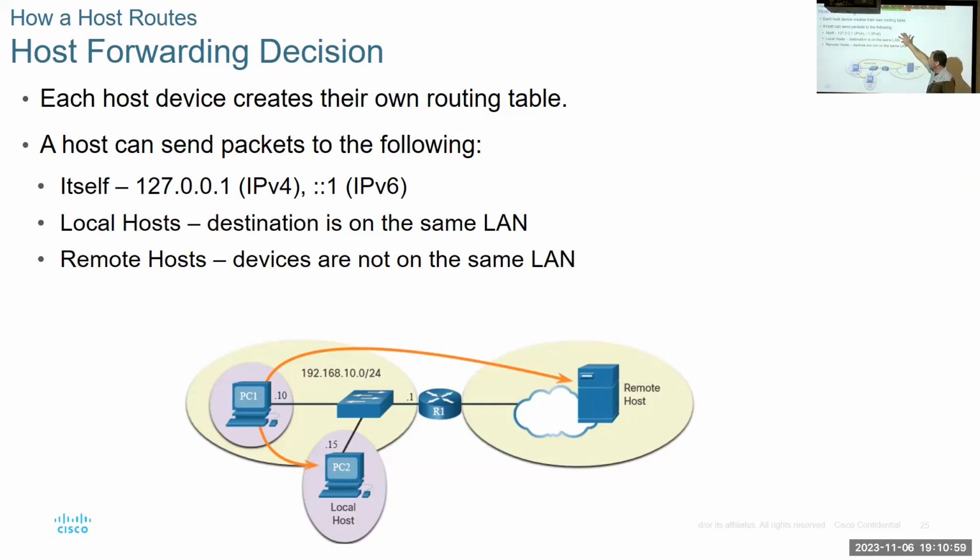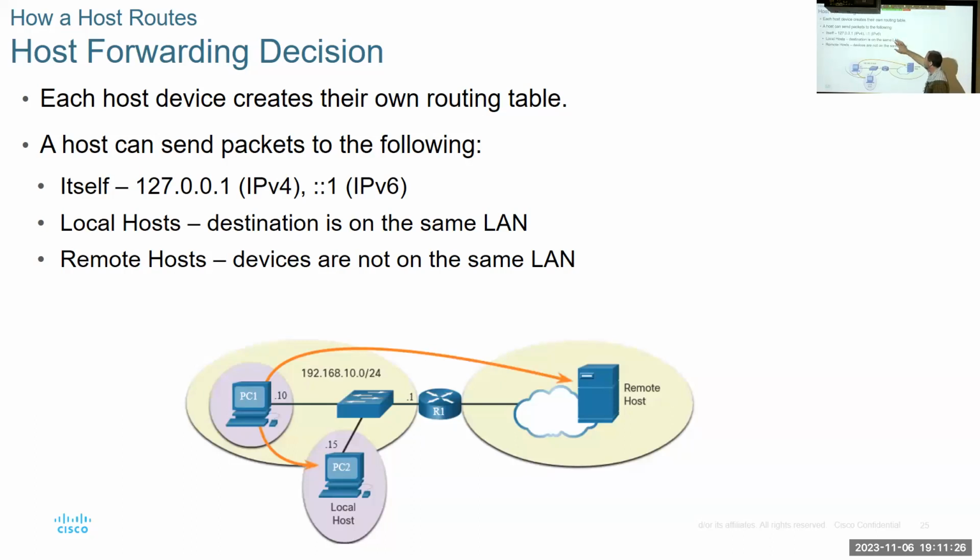Either it's a 127 address, and that 0.0.1, remember, can be 127 anything. It's not just 0.0.1. The second, third, and fourth octets can be anything except all zeros or all 255s, and it'll still be the local loopback. 127.0.0.1 is just what's used by tradition.